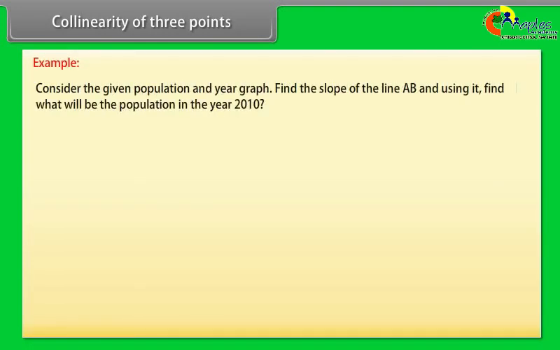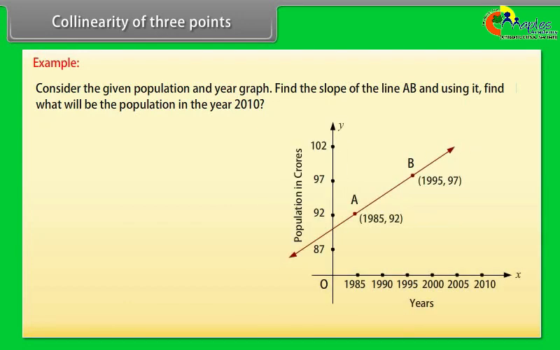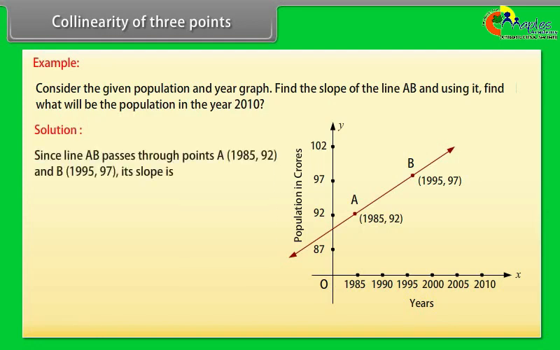Example. Consider the given population and year graph. Find the slope of the line AB and using it, find what will be the population in the year 2010. Solution. Since line AB passes through points A (1985, 92) and B (1995, 97), its slope is (97 minus 92) by (1995 minus 1985) is equal to 5 by 10 is equal to 1 by 2.